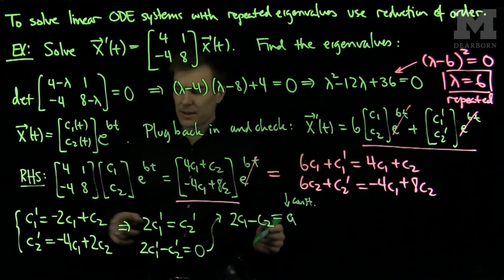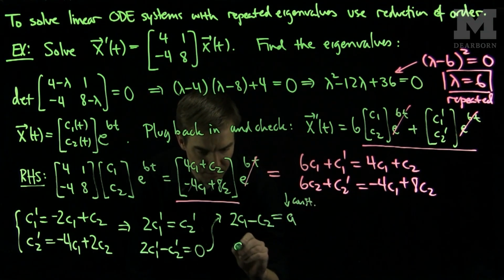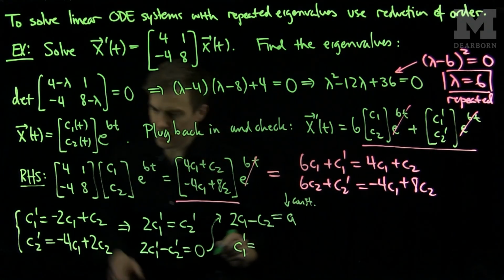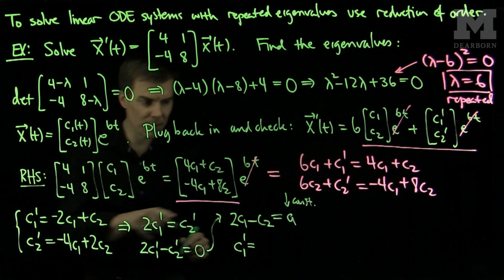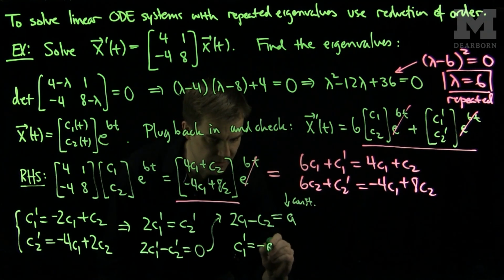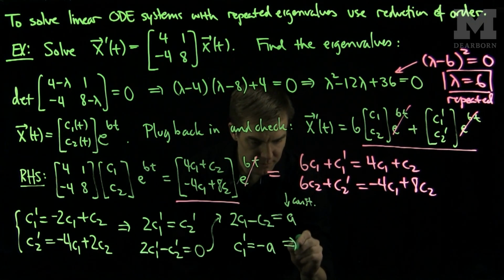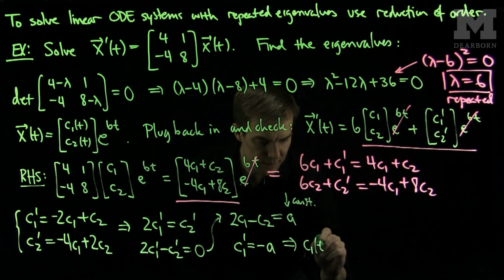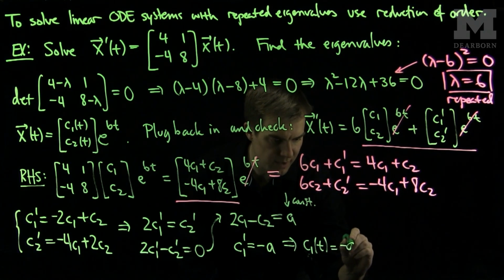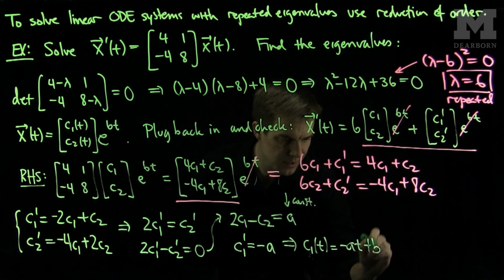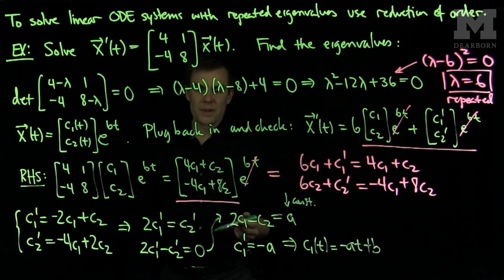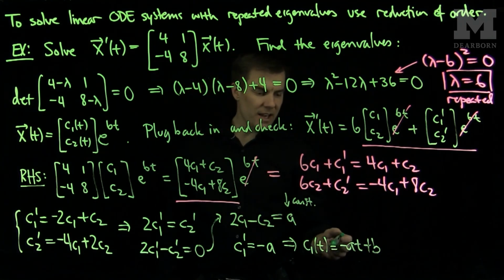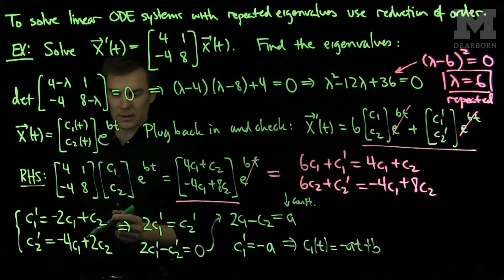Now, from the first equation, c1 prime is negative 2c1 plus c2, so c1 prime will be negative a, which tells me that c1 of t is negative at plus b.